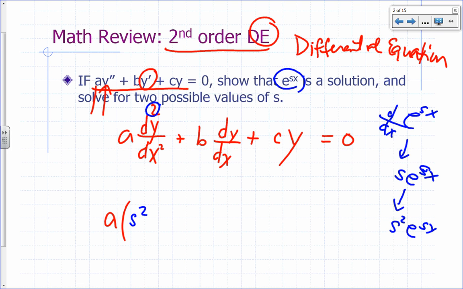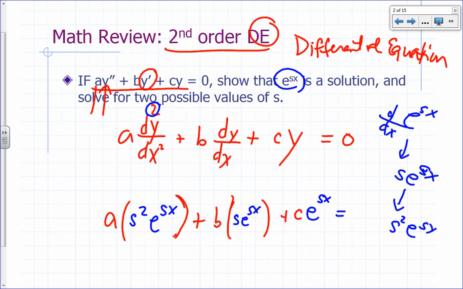So this is going to be a s squared e to the sx, plus b times, what's the derivative of e to the sx with respect to x? s e to the sx, and then plus c times e to the sx, equal to 0.